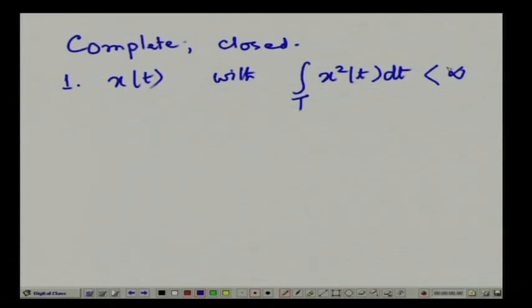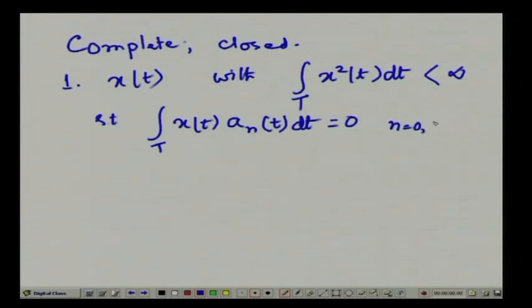So, there does not exist any signal x(t) with integral x square t dt less than infinity, such that integral x(t) a_n(t) dt is equal to 0. This integration has to be taken over the interval capital T for n equal to 0, 1 and so on.